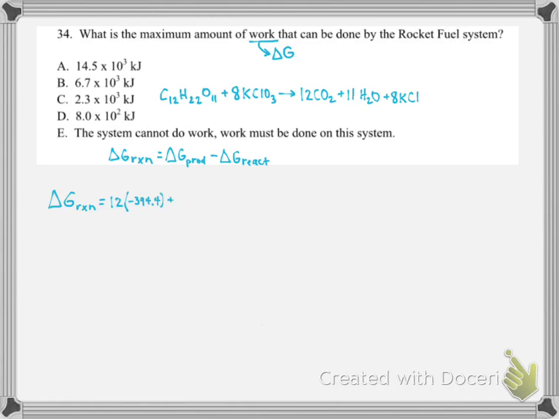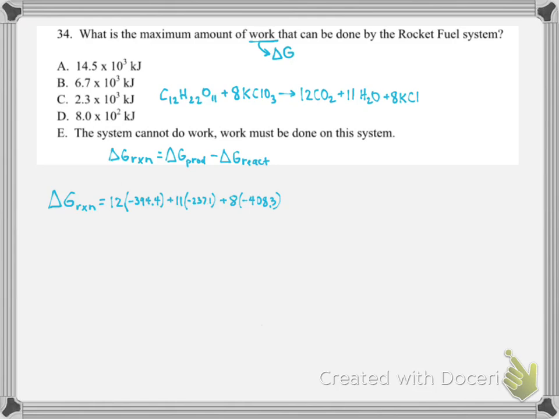And then we say we have 11 moles of water. And its delta G of formation is negative 237.1. And then we have 8 moles of KCl, and its delta G formation is negative 408.3. Again, these numbers are just coming from the table on the last problem.